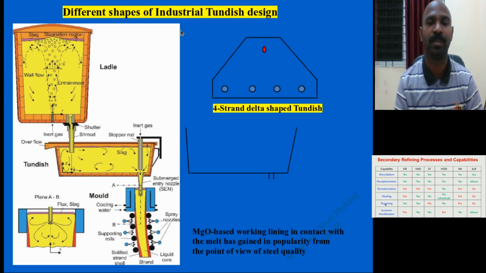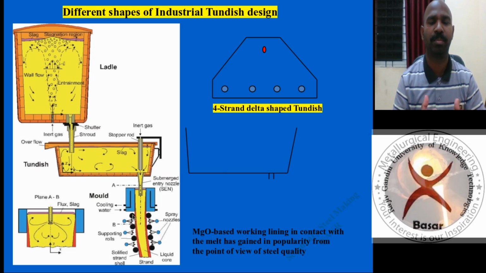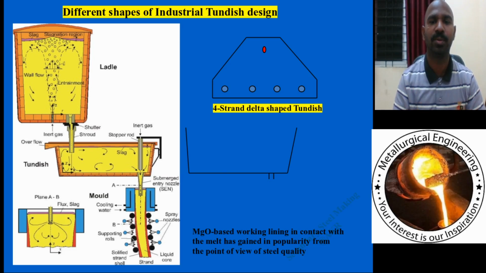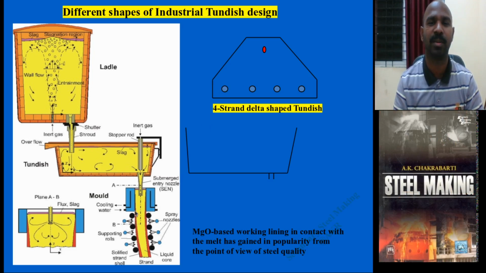Mainly we talk here about the tundish and different tundish designs. This tundish design is a single strand design. You can have multiple continuous casting molds, 1, 2, 3, 4, and from this particular ladle you take out the liquid steel, store it in the tundish vessel, and produce continuously using the multiple continuous casting molds.